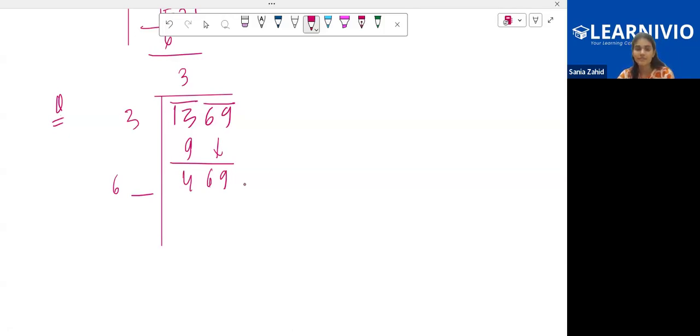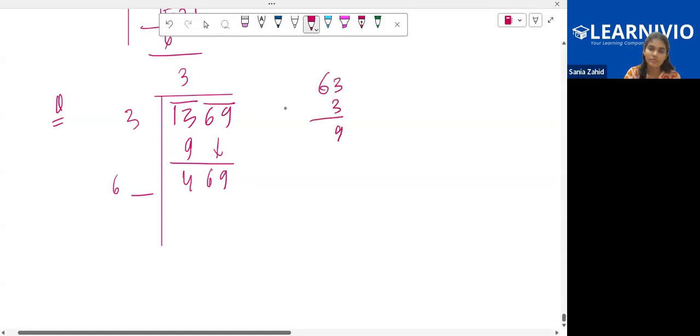Then we have to check the units place. It's 9. Okay, so 69 like 9 into 9. Okay, no, you're saying the unit place is 9. Yeah, so 3 into 3 is 9. So 63 into 63.